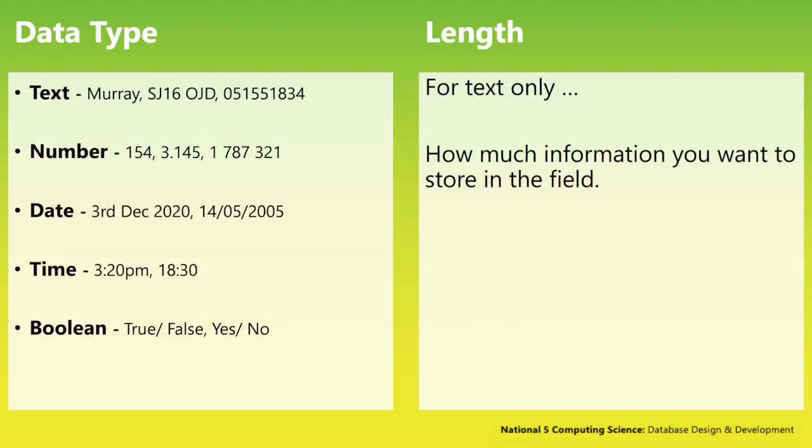We then need to think about what kind of data our attribute or field is going to store. So fields can store text, number, date, time, and Boolean. Couple of things to note. For example, a text doesn't just have to be text, it can be a combination of text and number.